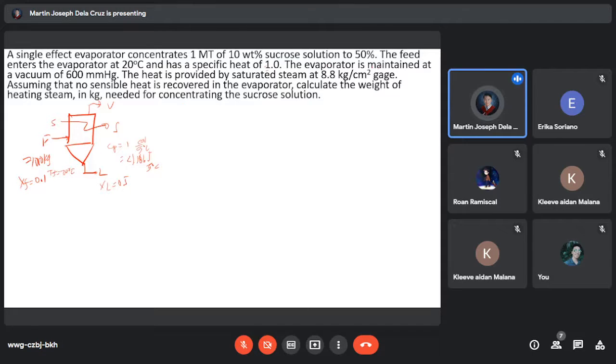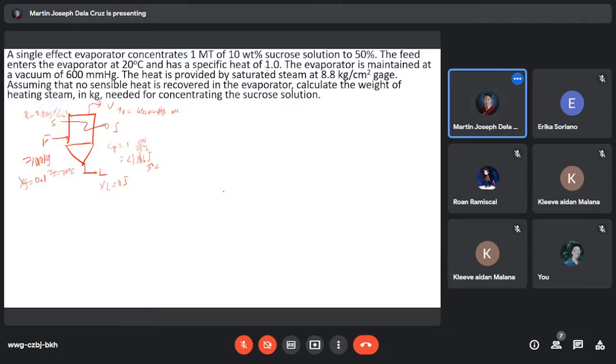So, the evaporator is maintained at a vacuum of 600 mmHg. So, your pressure of your vacuum is equal to 600 mmHg vacuum. Pressure of evaporator. And then, the heat is provided by saturated steam at so PS, your pressure of your steam is 8.8 kilogram force per centimeter square.